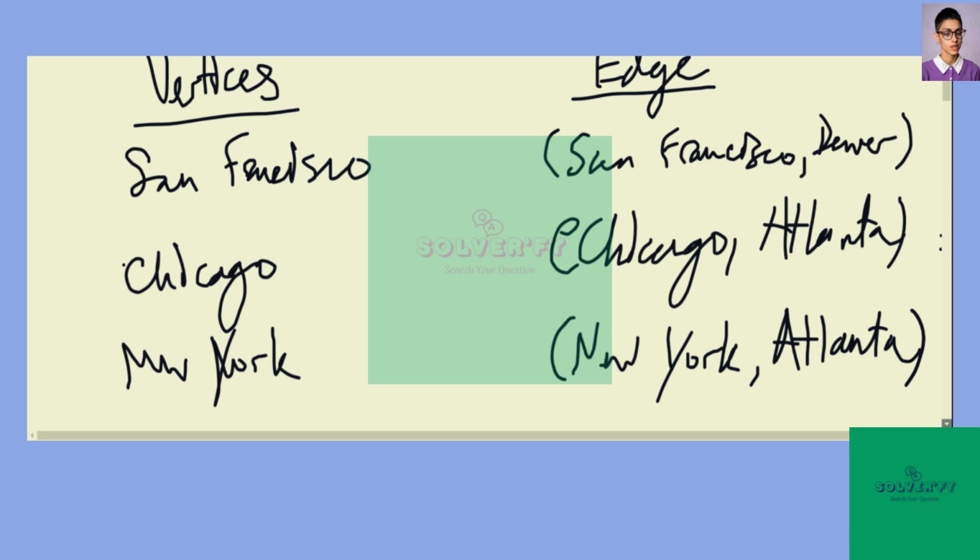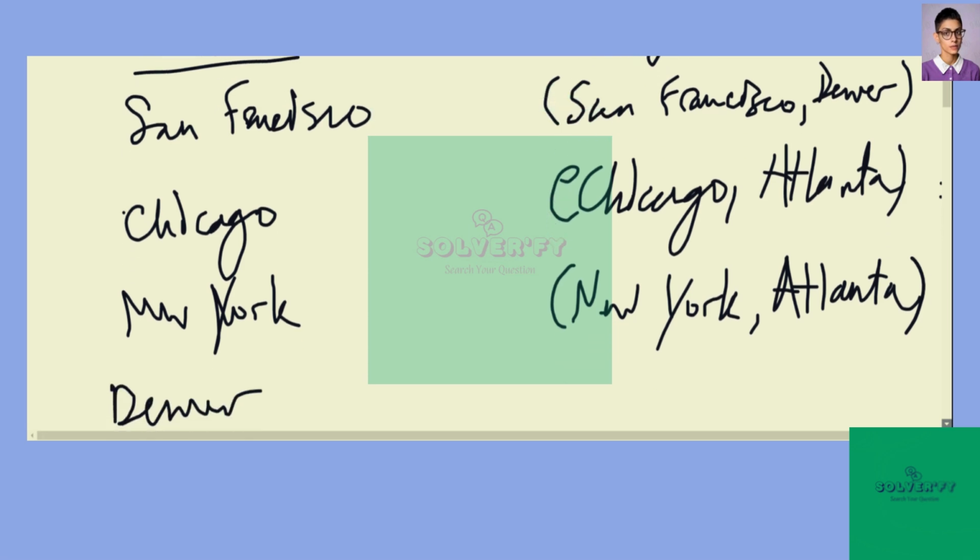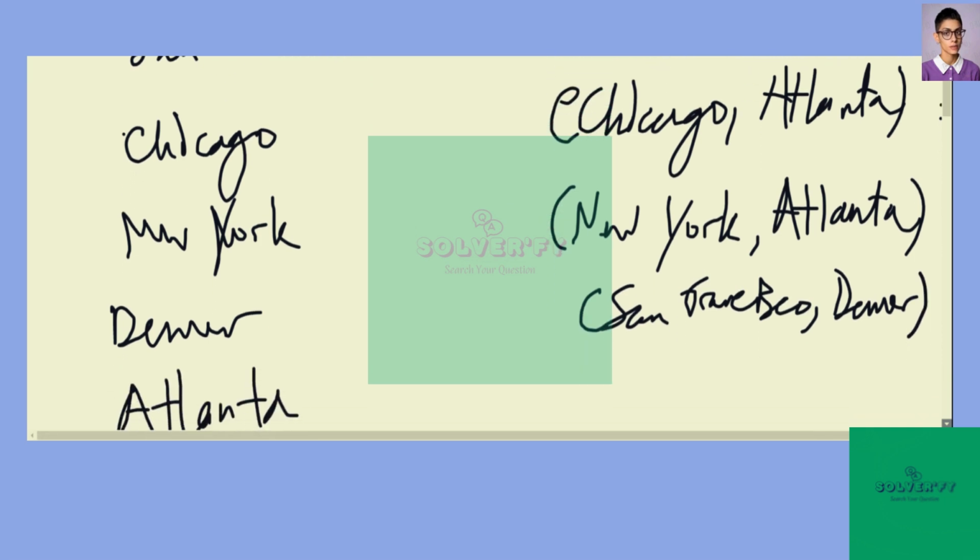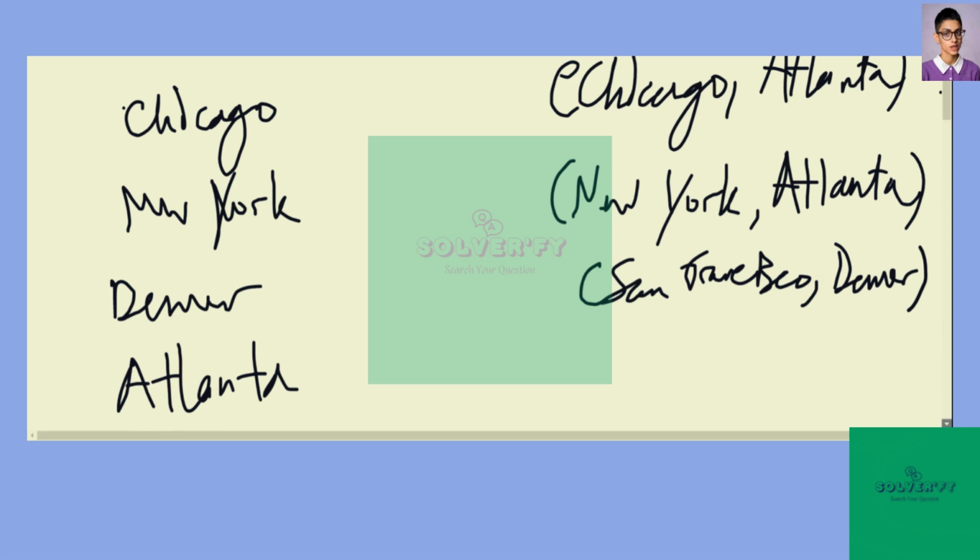The edge incident to Denver with the smallest weight is San Francisco-Denver again with a weight of 900. And finally, the edge incident to Atlanta with the smallest weight is Chicago-Atlanta again, which has a weight of 700.